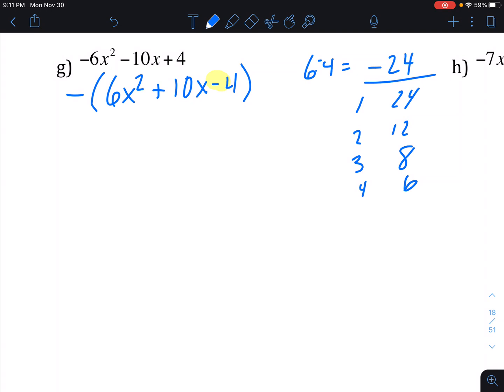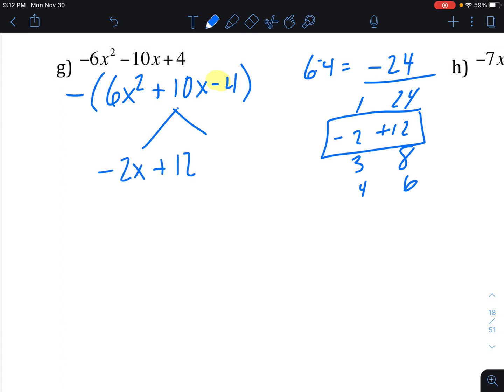So I need two numbers that subtract to get my B term 10. That would be this pair right here, subtracts to get 10. I need a 1 plus 1 minus. The negative would go with the -2, because -2 plus 12 is 10. So my B term is going to split up into -2x plus 12.